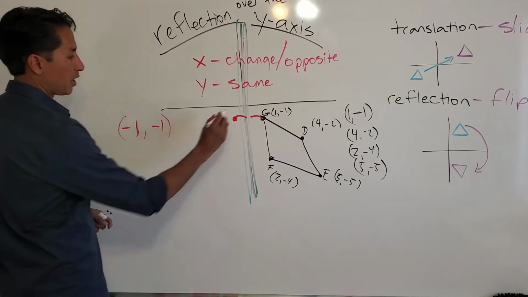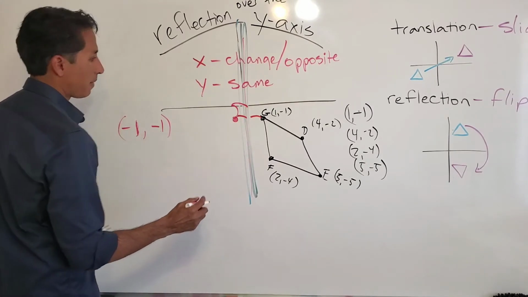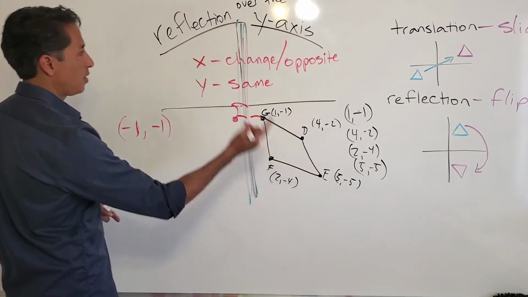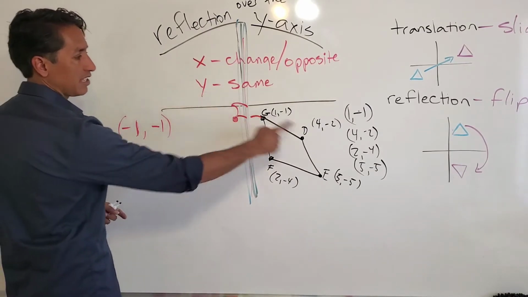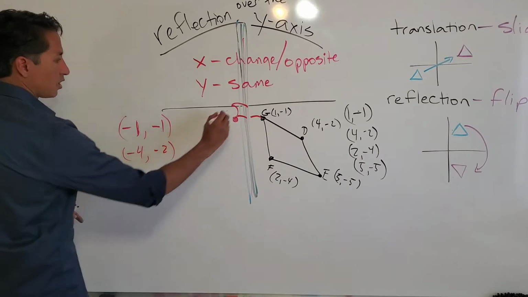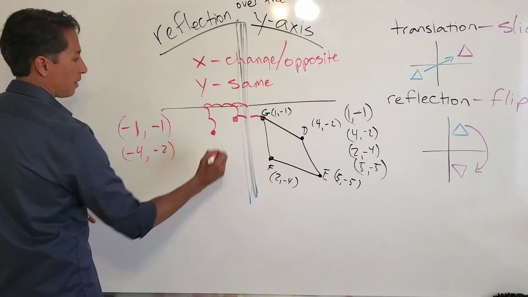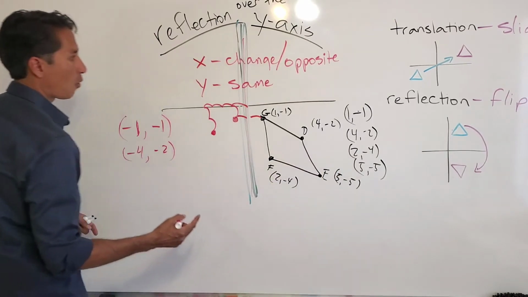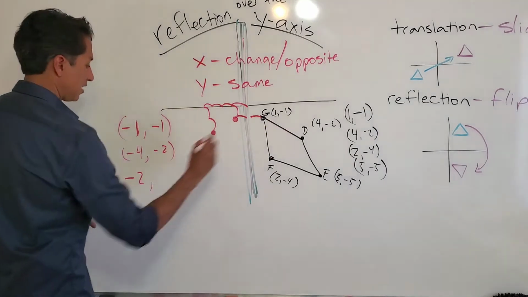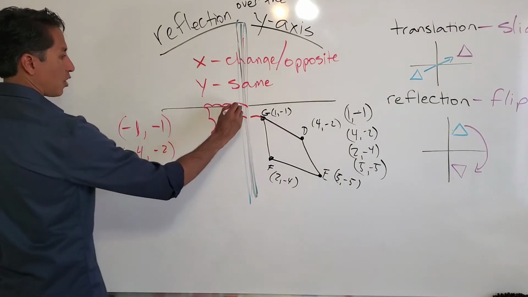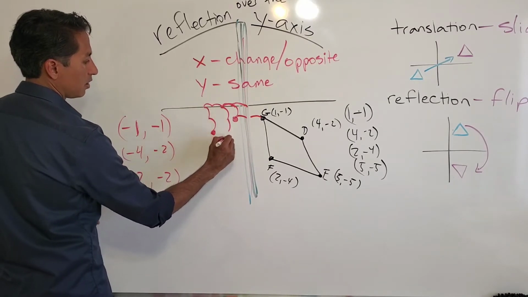So I'm going to go back 1, down 1, and make my point. My next point was 4, -2. The x needs to be the opposite, so I'm going to do -4. The y stays the same, -2. So I go back 1, 2, 3, 4, down 1, 2, and make my next dot. 2, -4: the x is the opposite, so -2. Y stays the same, -4. So I go back 1, 2, and then down 1, 2, 3, 4.